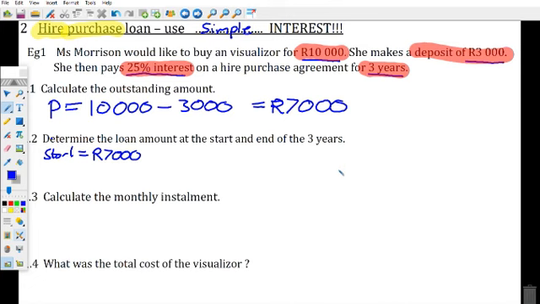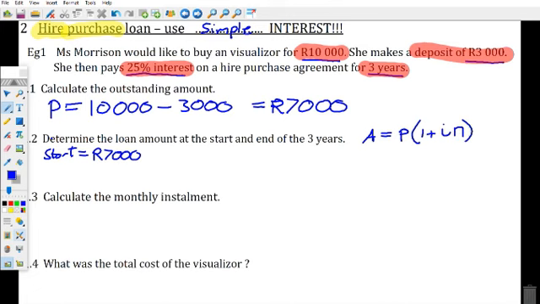So at the start there, it's 7,000. So, simple interest formula: A, the amount after the interest has been applied, is equal to P, the amount we're taking the loan on, multiplied by 1 plus the interest rate multiplied by N. Now what is N? Years.